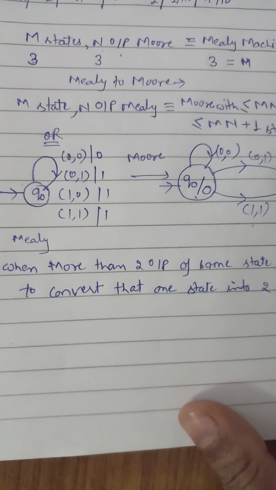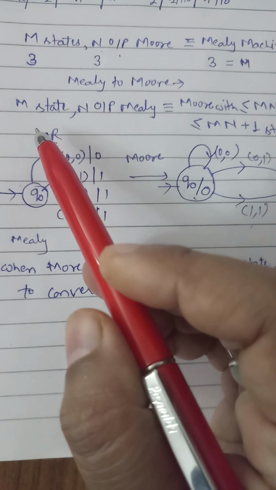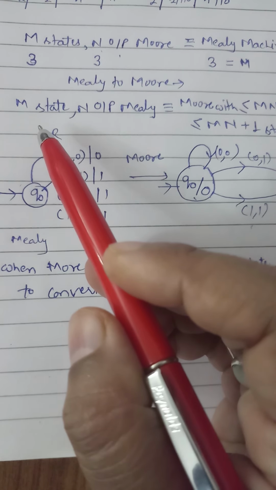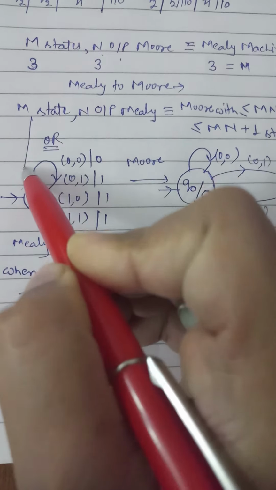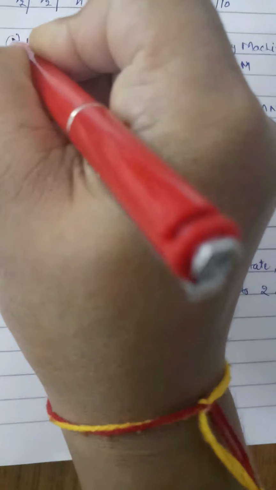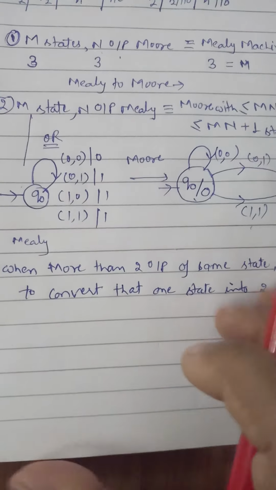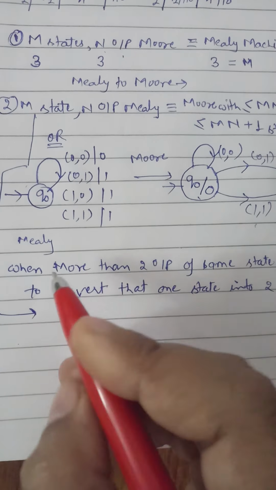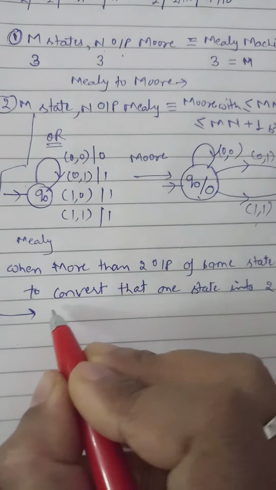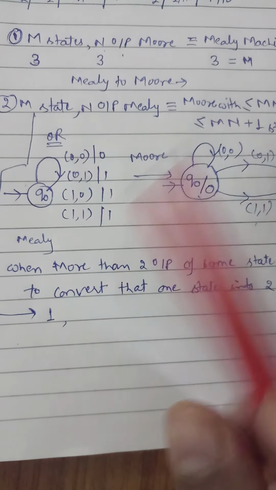So M states: how many states do we have in the Mealy machine? This is for Moore to Mealy, and this is for Mealy to Moore. So from here, how many states do we have? 1. And the output, what do we have?